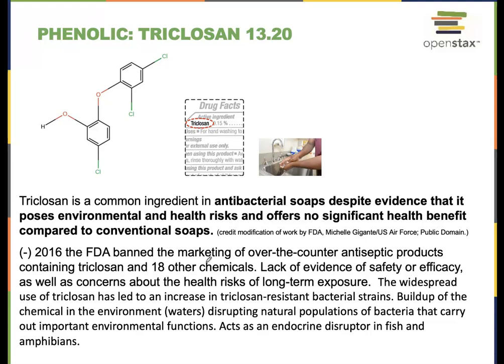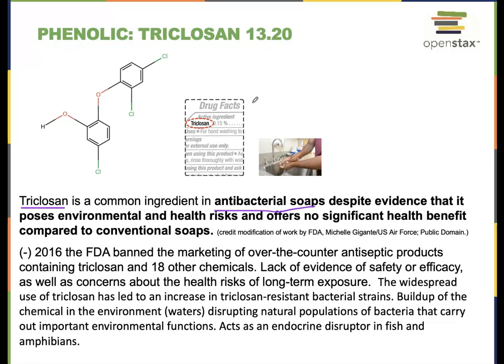One particular one you should know of is called triclosan. So triclosan is an antibiotic-ish substance. So it's antibacterial. This triclosan is very common in your antibacterial soaps. However, antibacterial soaps have been shown over and over again that they have no better action than regular soap.